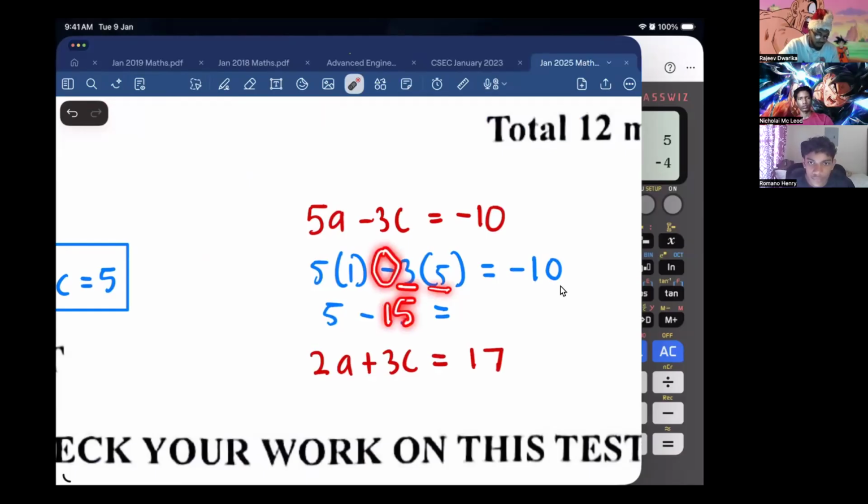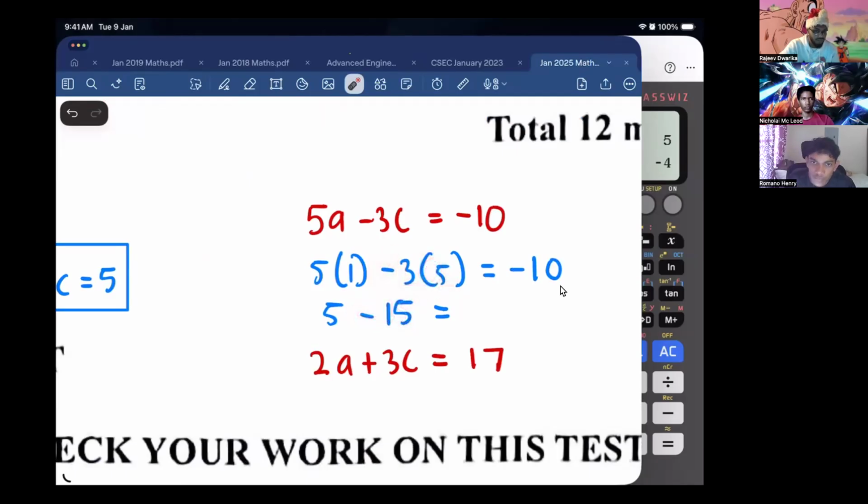Next question. What is a negative by a positive? Okay, a negative by a positive is a negative. So 3 by 5 is 15, and a negative by a positive is a negative.